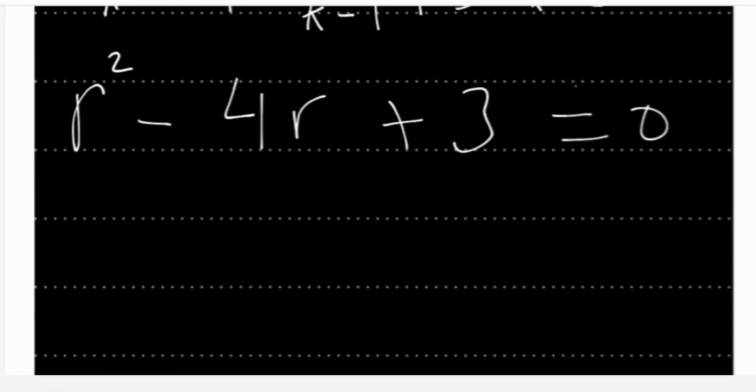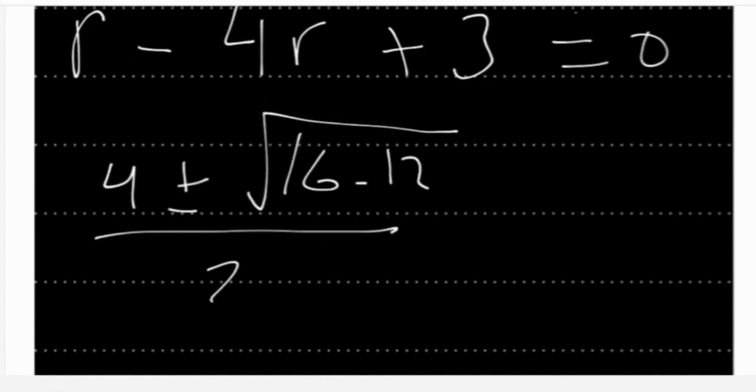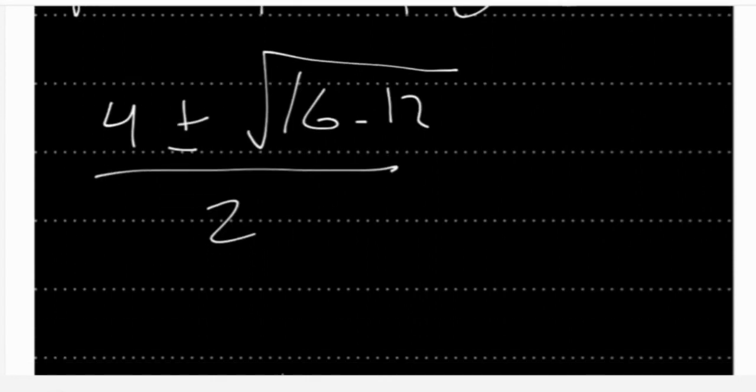So let's find them. 4 plus or minus the square root of 16 minus 12, which is 4, divided by 2. So we will have 4 plus or minus 2, divided by 2.